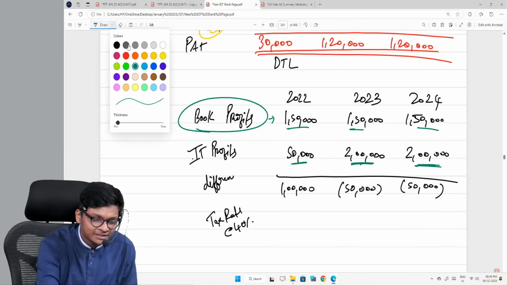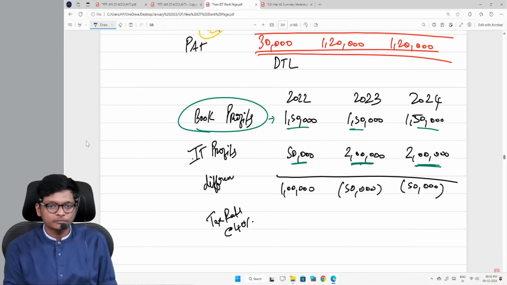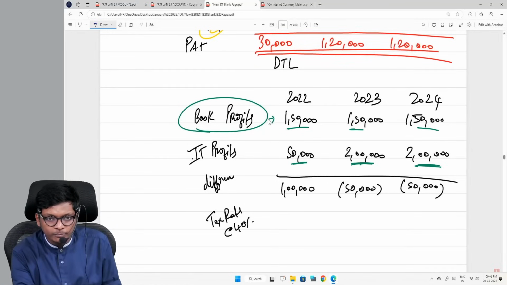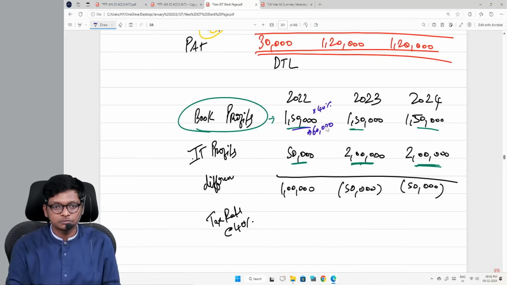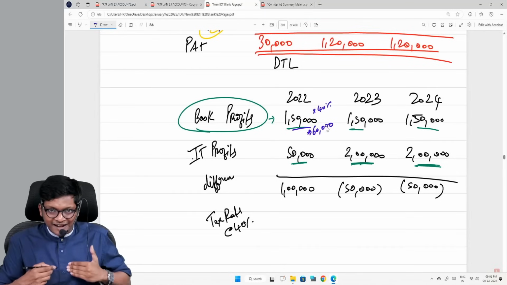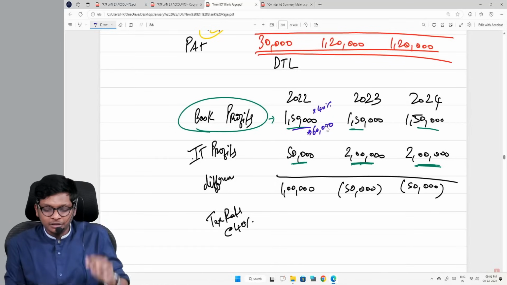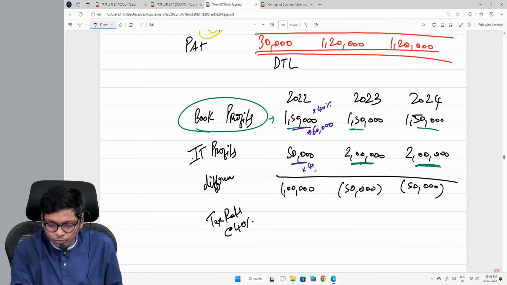Now, if the tax rate is 40%, as per book profits, 1,50,000 into 40%, you would have paid how much? 60,000. Correct? I should have paid 60,000, but because of income tax, into 40%, you are paying only 20,000.